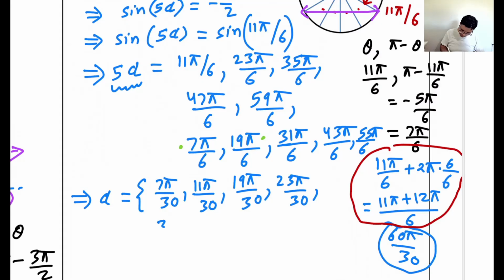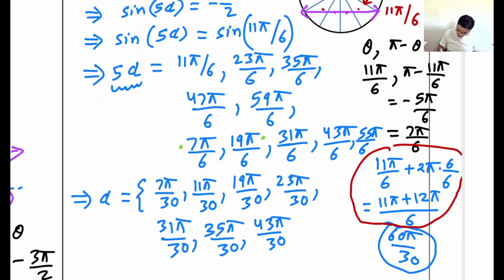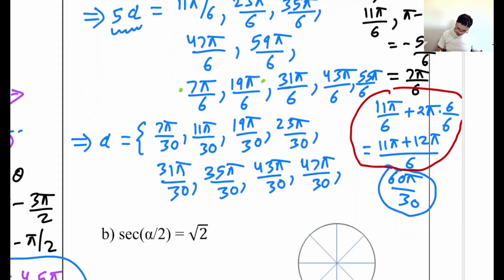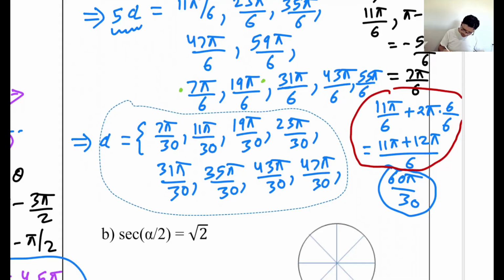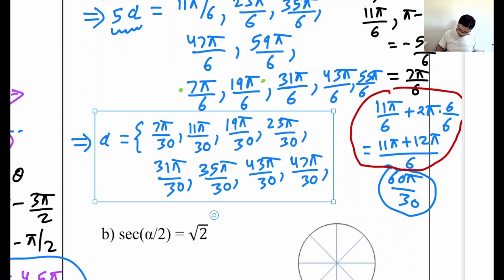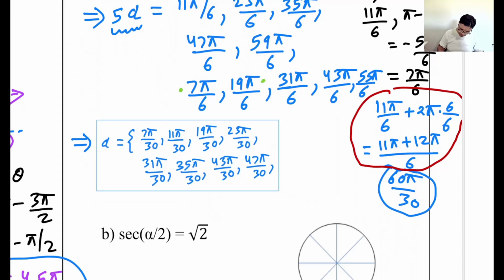Then here you have 31 pi over 30. Then 35. Here 43. And then 47. Okay, at this point I need to decrease the size of my font.